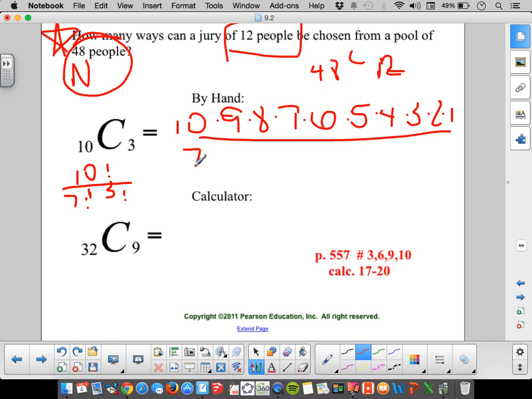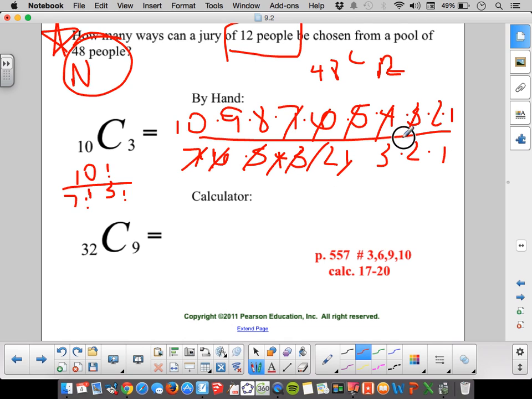And we have 7 factorial, which means we'll have 7 times 6 times 5, 4, 3, 2, 1 times 3, 2, 1 for the 3 factorial. Notice we can actually cancel out the 7 factorial. So all we're left with is 10 times 9 times 8 divided by 3 times 2 times 1.